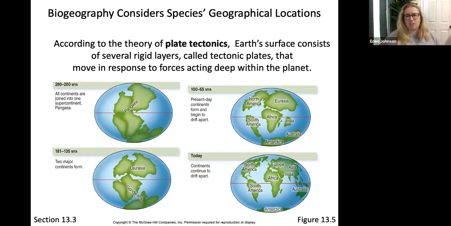You have these convection cells. You've got all sorts of crazy things happening under the Earth. So the plates are moving with all of this underlying activity. And as they move, they're going to affect Earth's terrain, right?